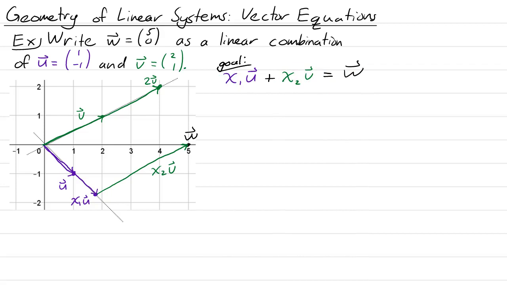Based on the picture, I can make a halfway decent guess at what x1 should be. It looks like to get to this point, I'm not going quite as far as 2u. 2 times u would be twice as long, which is here. So it looks like maybe this is about 1.8 times u.